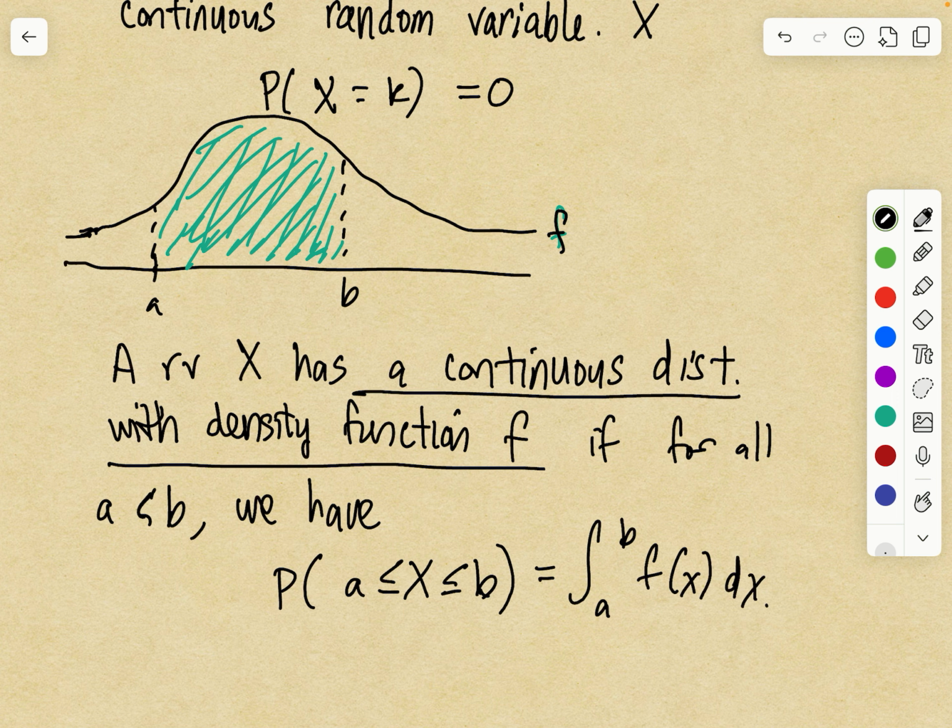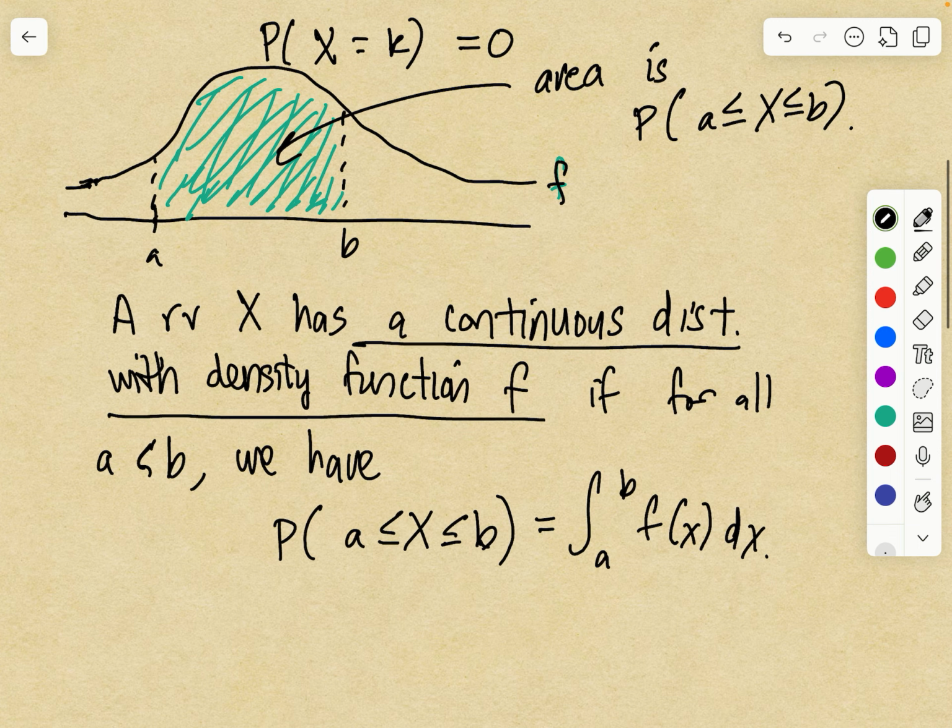So the area under this curve is the probability that x is between a and b.